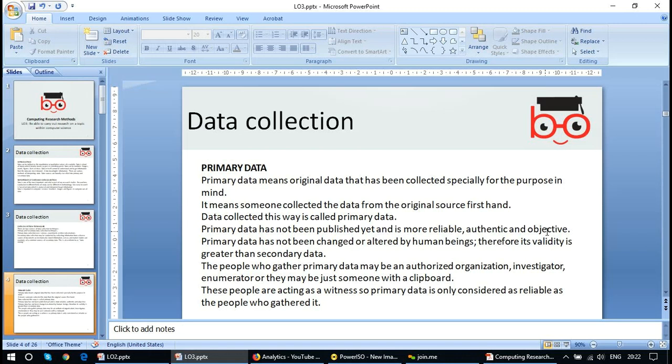However, if you are getting the results of an experiment done by a secondary source, then you are not 100% sure that the data they have produced was really done by them and that the results they have produced were correct or manipulated. Is there any chance that the results were manipulated?